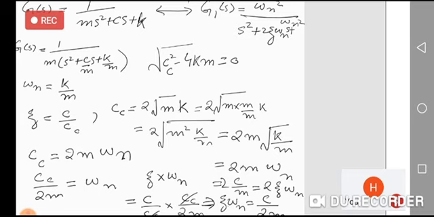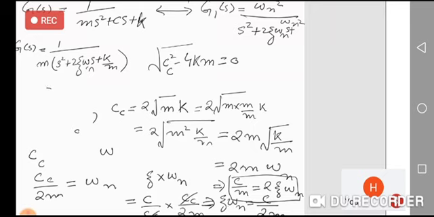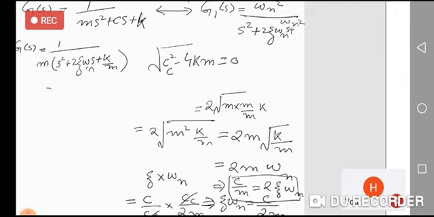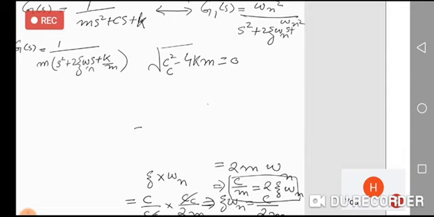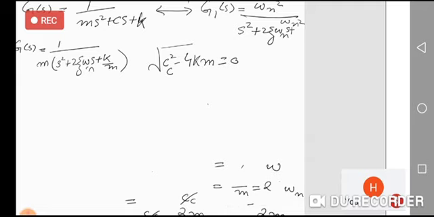So C over m किस चीज के बराबर हो गया? 2 zeta omega n के बराबर, m s square plus 2 zeta omega n s के बराबर, ठीक है? I'm erasing that. Don't worry about this calculation. I have already done this calculation on a paper, and I'll include it in the lecture notes for you, so you can look into it.